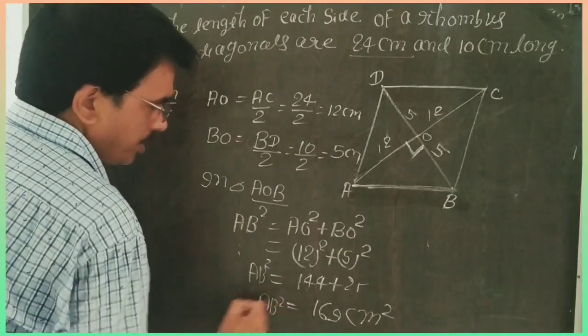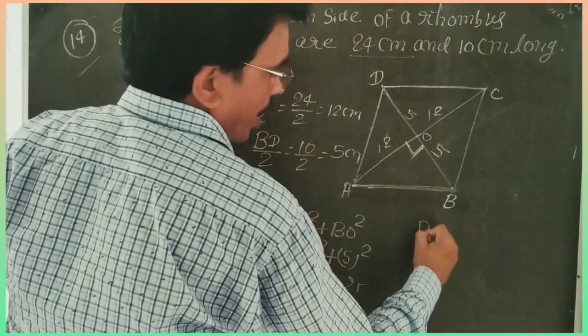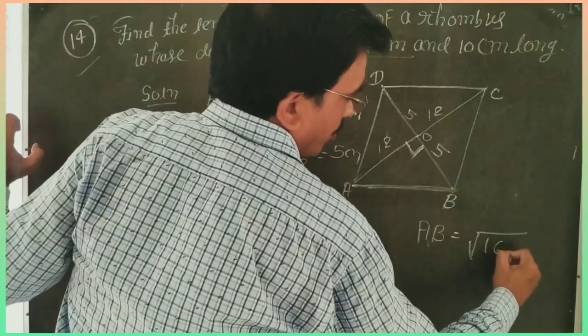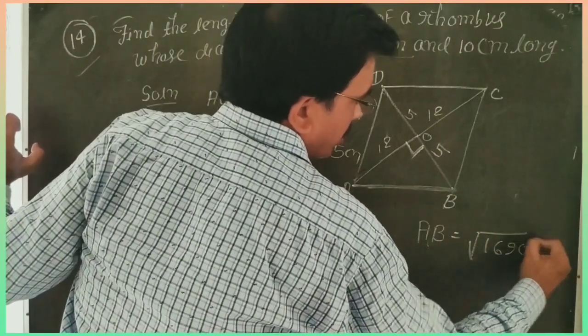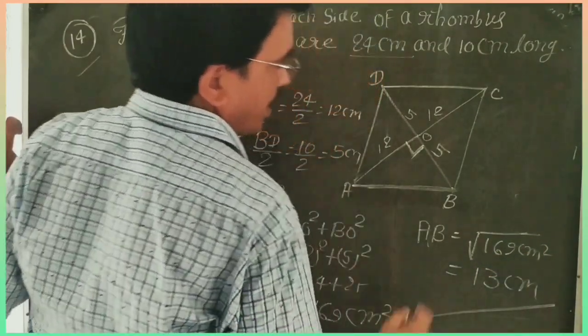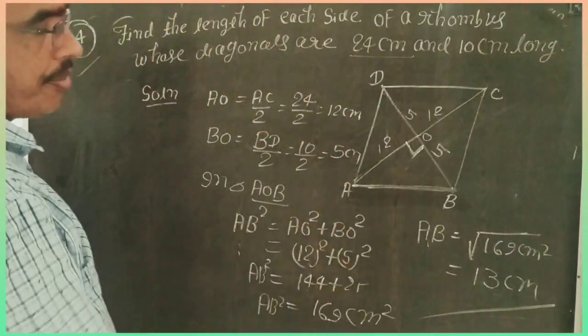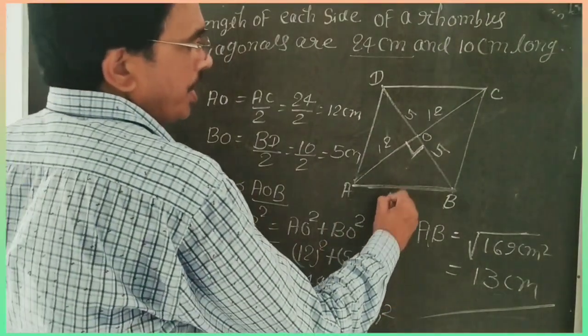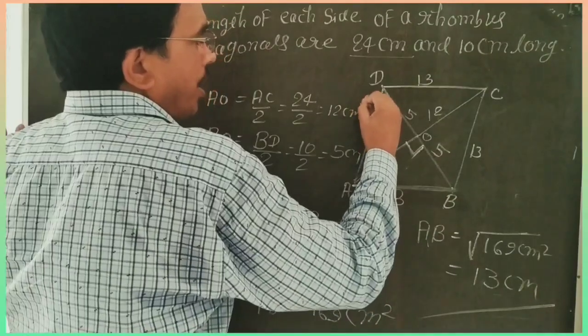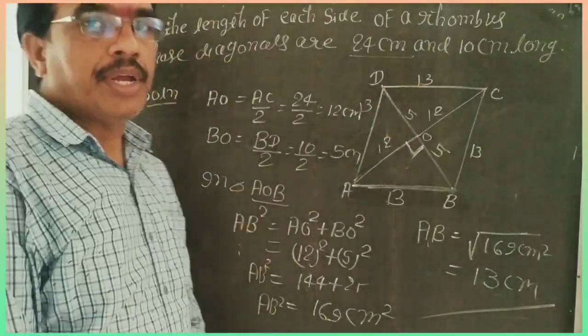So what is AB? AB is root 169 cm square. Hence it is 13 cm. It is the side of the rhombus. So each side is 13 cm because all sides have equal lengths.